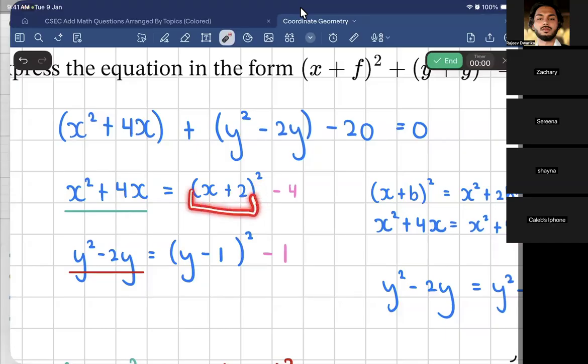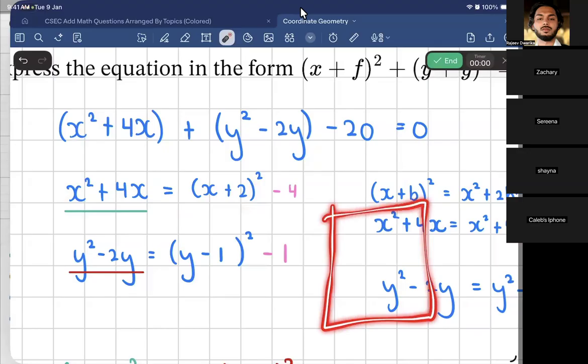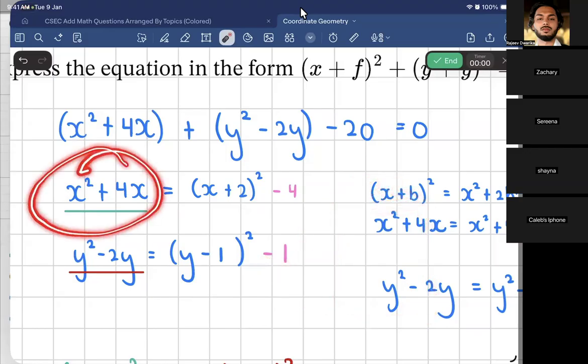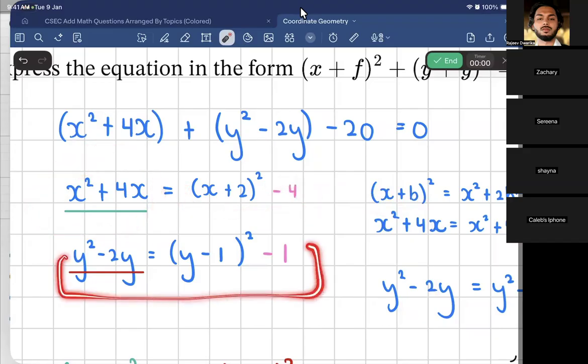If I were to draw that on a diagram, that would just be a side x plus 2, and this side will be x plus 2 as well. But this is not a perfect square, so you'd have to take away 4. So that's what it means to complete the square. Same thing over here. You're probably confused by what I'm saying, but this is completing the square.